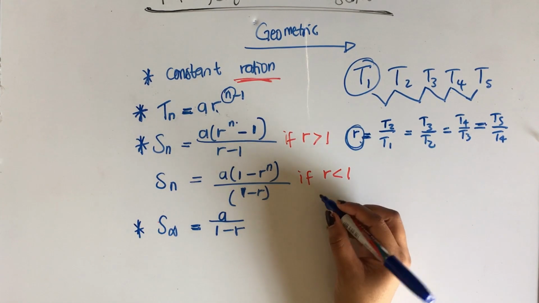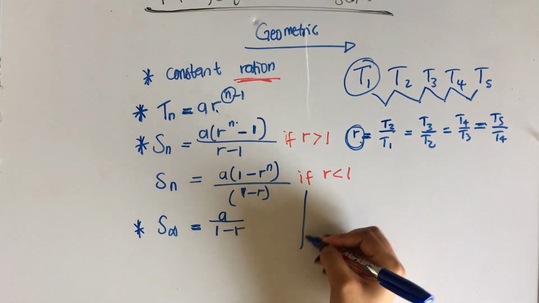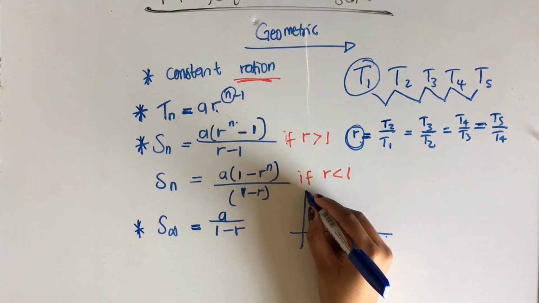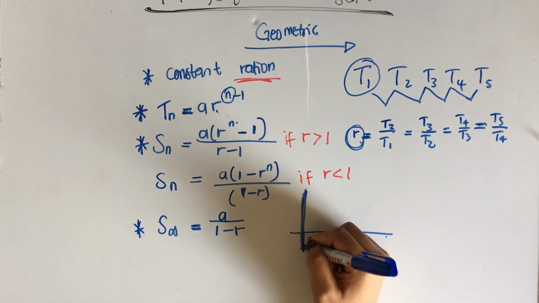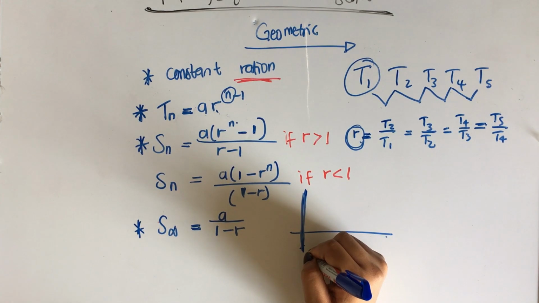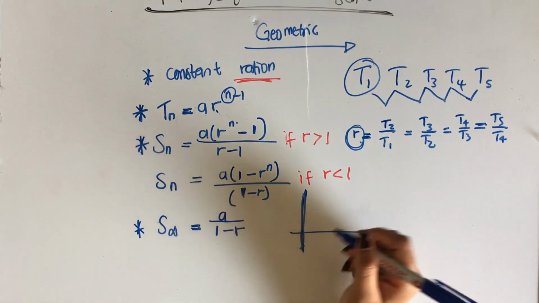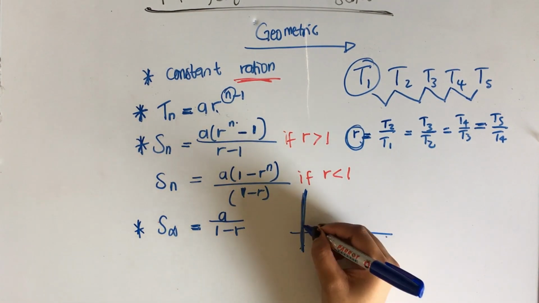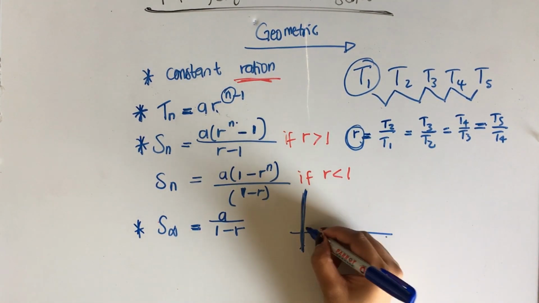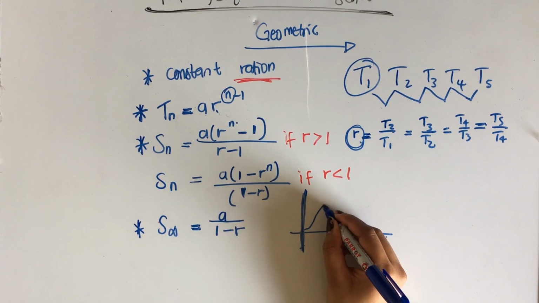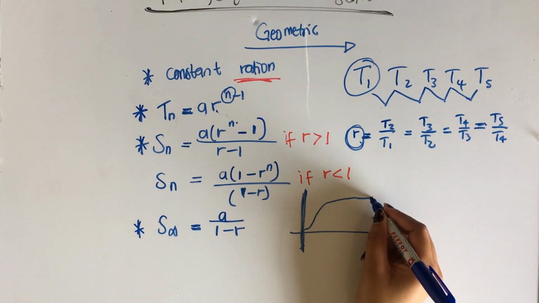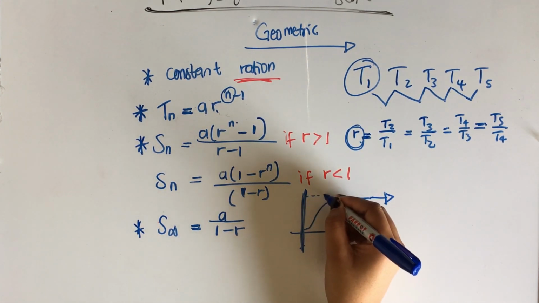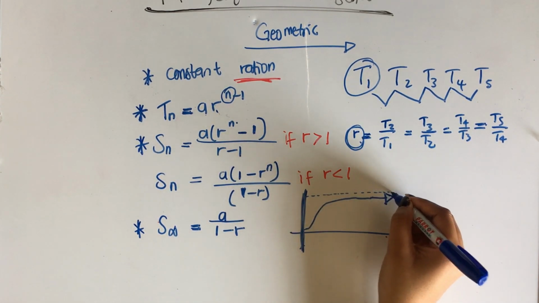So for example, let me just show you this. So now here, how do you see if it is convergent or not? Right, so it means now your sum of infinity, as you plot them, you will see that it will go like that. You see?